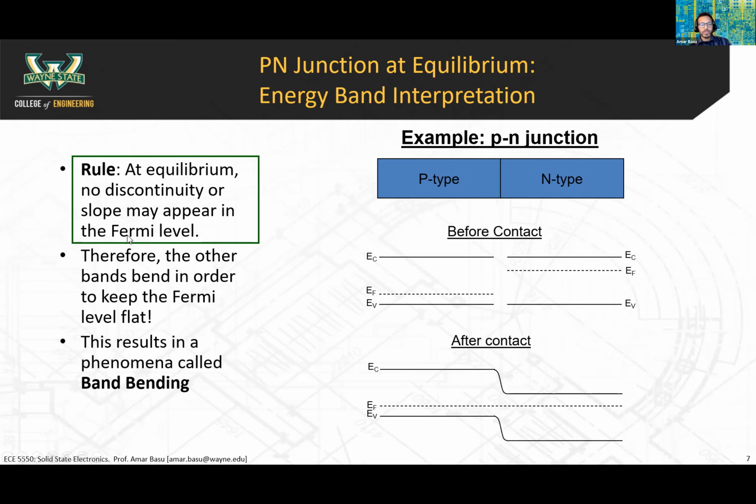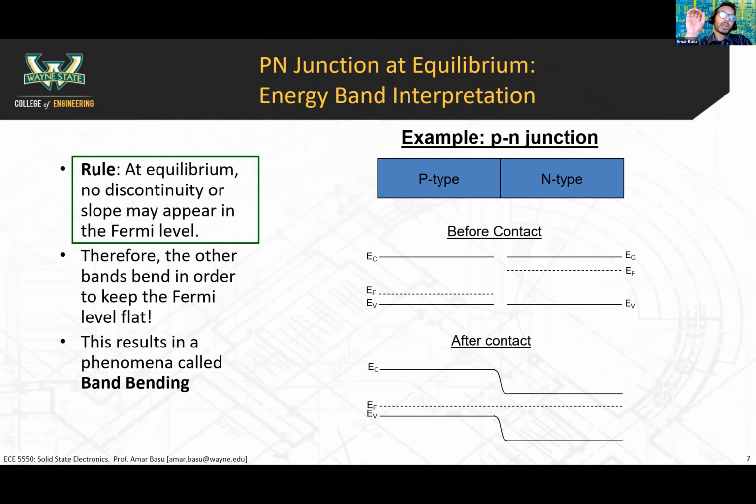One of the first rules I'd like to put out here is that at equilibrium, no discontinuity or slope can appear in the Fermi level. If you think about why this happens, it has to do with carrier statistics. Two modules ago, we talked about what happens when you put voltage on one side versus the other: the Fermi level tilts.